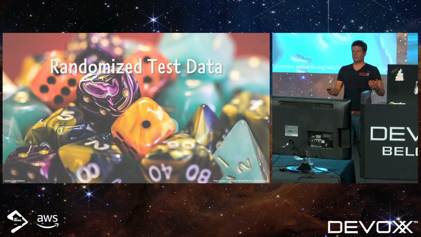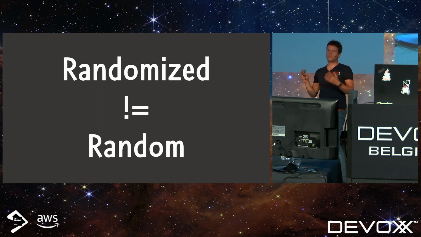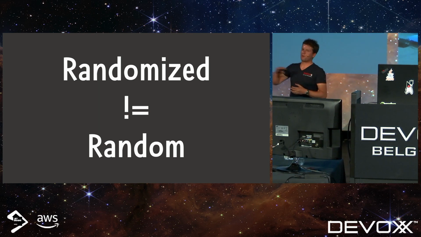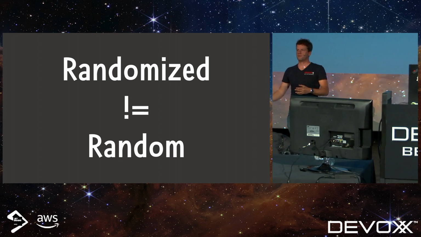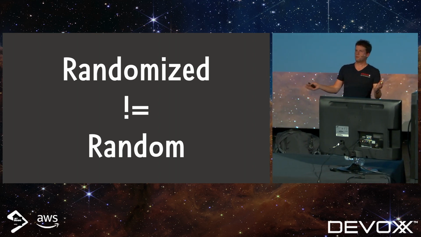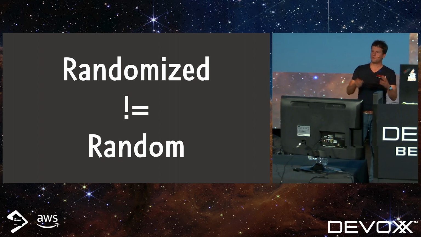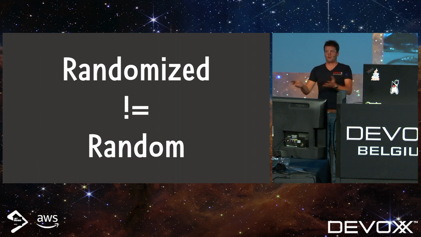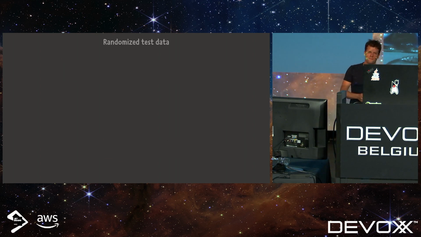And, well, you see randomized, but take note, randomized is not random. So random data, that's just a bunch of characters not meaning anything. But we also already established we want to have representative data. So randomized, different every time, but selected from a list or generated in an orderly fashion.